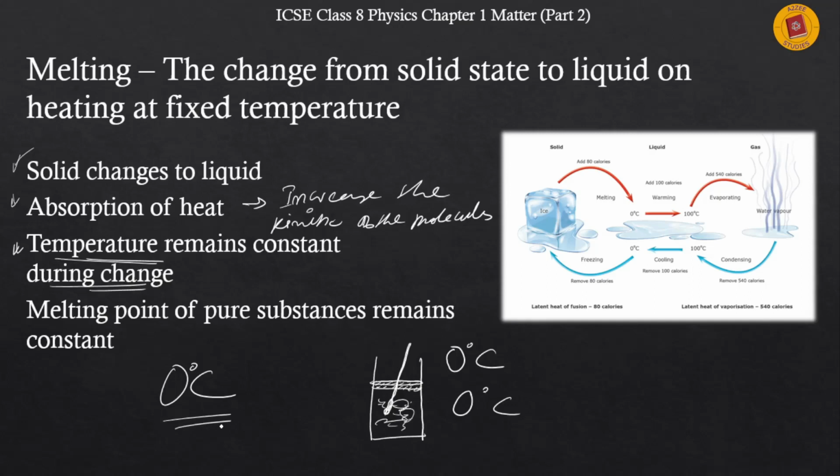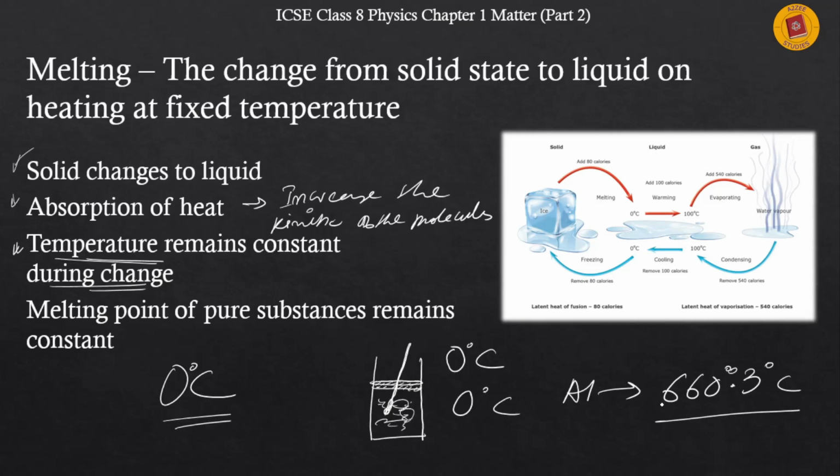If you take a metal, for example aluminium, the melting point of aluminium is 660.3 degree centigrade. So it's a very high temperature. We cannot do it at our home. It can be done only industrially.